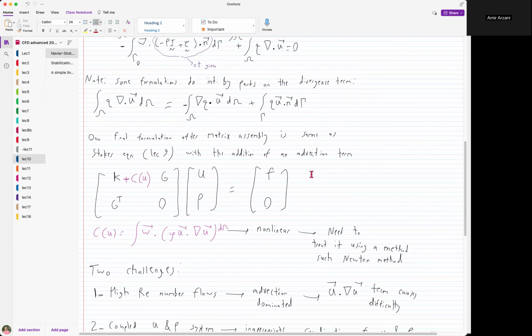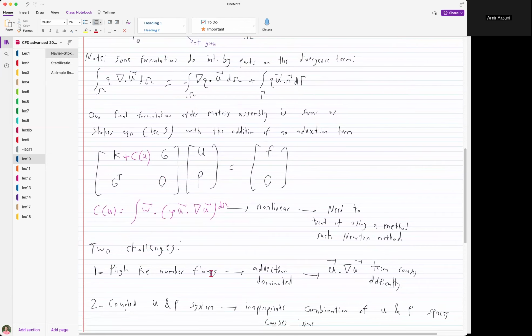So this system of equations, we have two challenges really, and these two challenges are really two challenges of doing CFD. Right? So the first challenge is that as the Reynolds number becomes larger and larger, this nonlinear term becomes more and more dominant. Your advection starts to dominate.